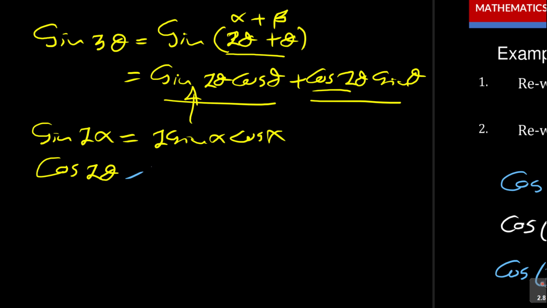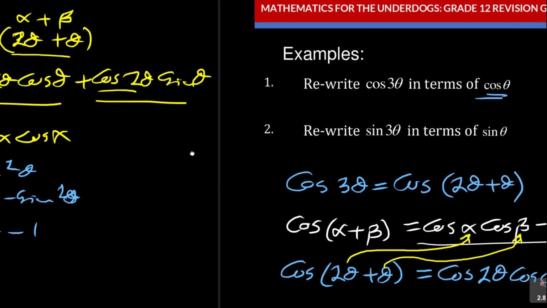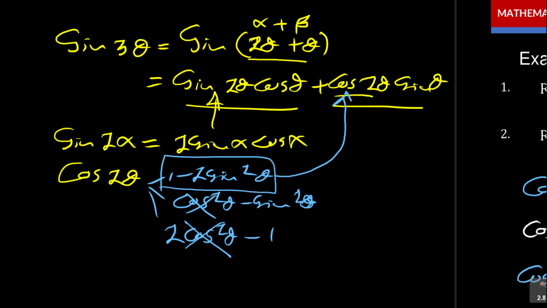Remember, there is 1 minus 2 sine squared theta, there is cos squared theta minus sine squared theta, and then there is 2 cos squared theta minus 1. Now they said they only want it in terms of sine theta, so you cross out the ones with cos, and choose the first one.